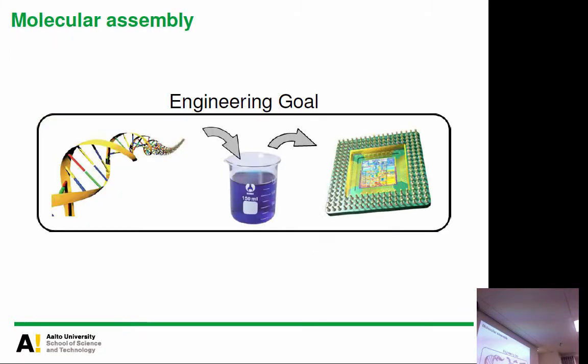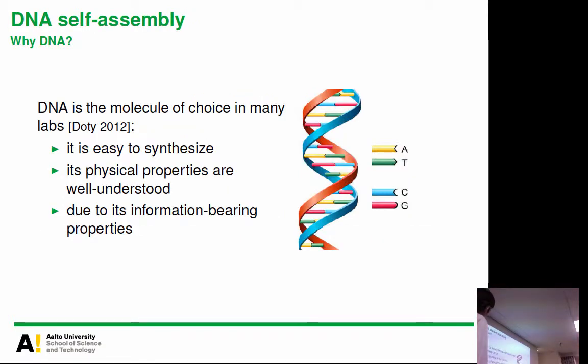So first, I say molecular self-assembly, but actually what we usually use is DNA. So why do we use DNA for self-assembly? It's according to Doty's excellent summary last year. DNA is the molecule of choice in many labs because it is very easy to synthesize.